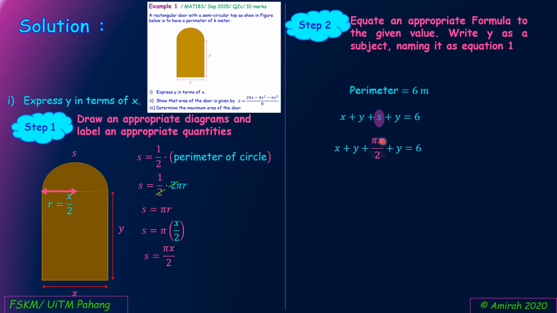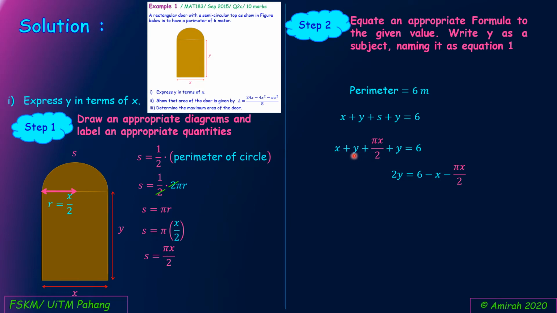Then we replace S equals pi x over 2. And then we can write 2y equals 6 minus x minus pi x over 2.